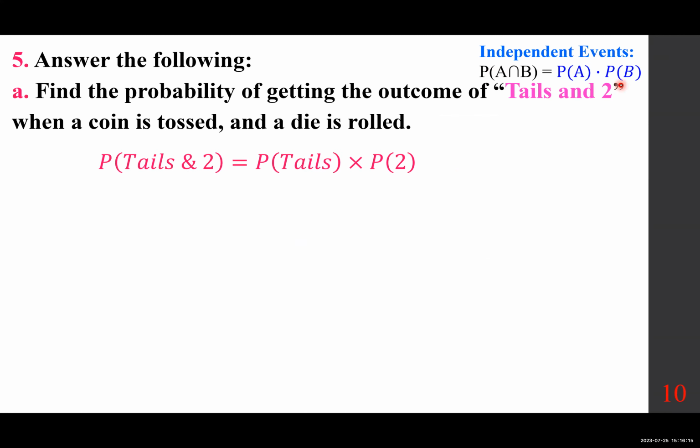So in this case, tails and 2 is the probability of tails, which is 1/2, times the probability of 2, which is 1/6. As you recall, a normal die is 6-sided with numbers 1 through 6. So the answer is 1/12 precisely. If you have to change this to a decimal or percentage, you want to do it accordingly.